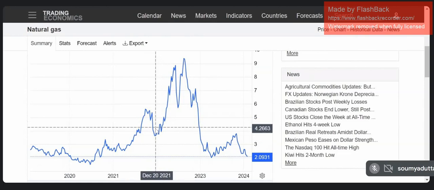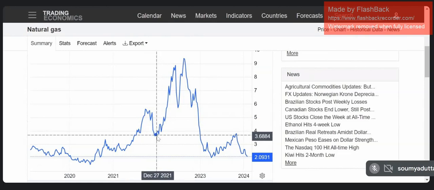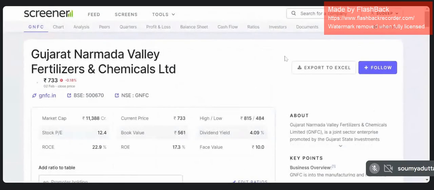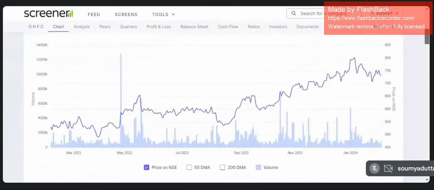Just check the price of GNFC, Gujarat Narmada Fertilizer Company, from January 2022. Any change?